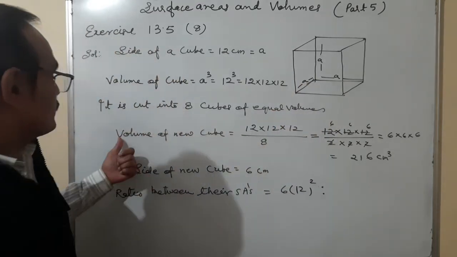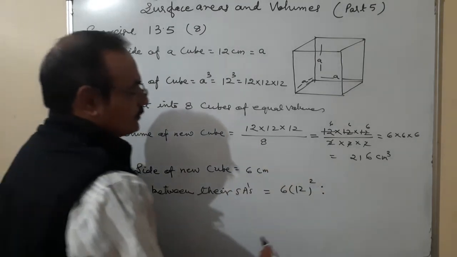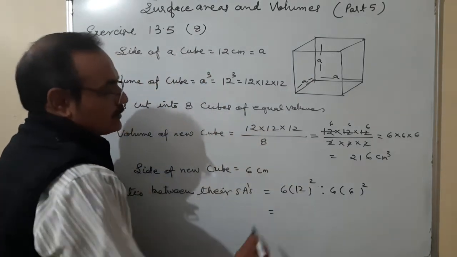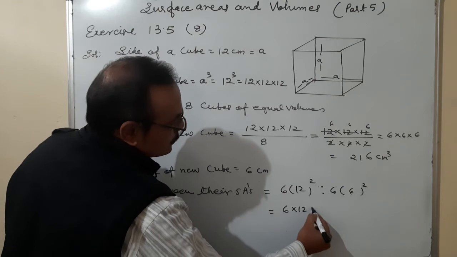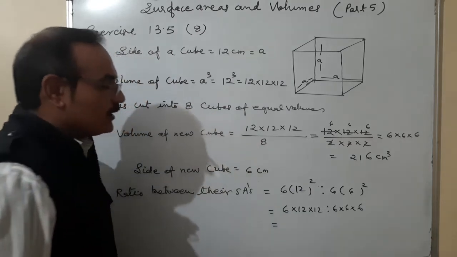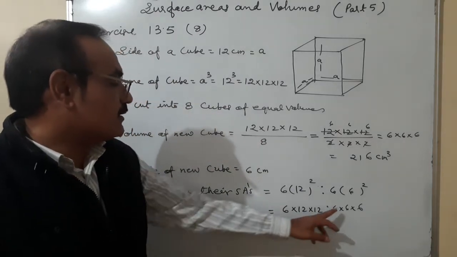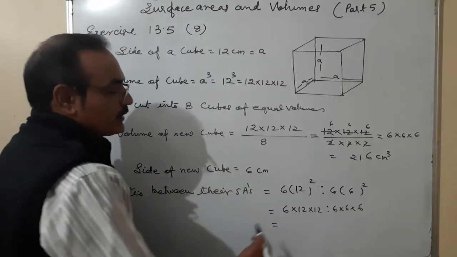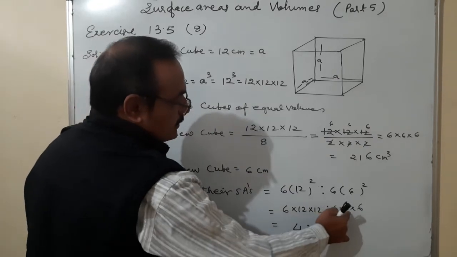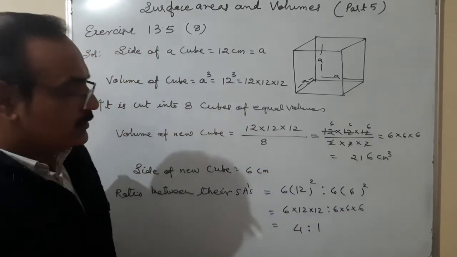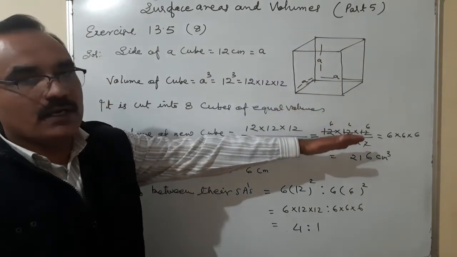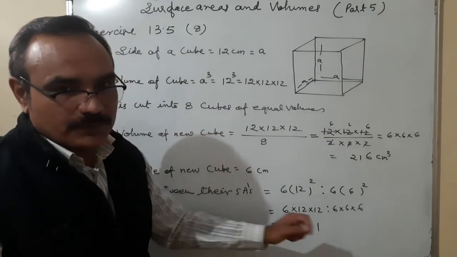The surface area of the new cube is 6 into 6 square. So it is 6 into 12 into 12, ratio 6 into 6 into 6. We'll make a simplified form. 6 and 6 cancel, 6 2s are 12, 6 2s are 12. So what is coming? 4 is to 1. The surface area of the first cube is 4 times the surface area of the new cube. 4 is to 1.